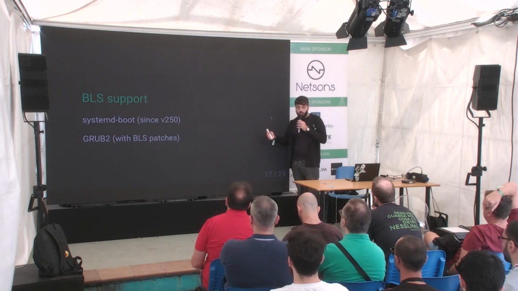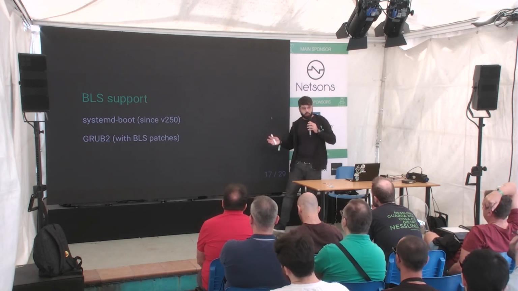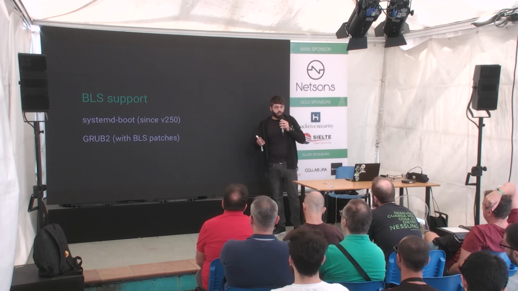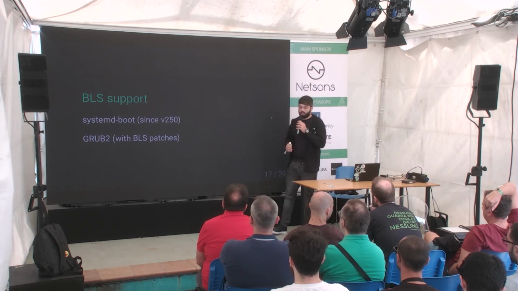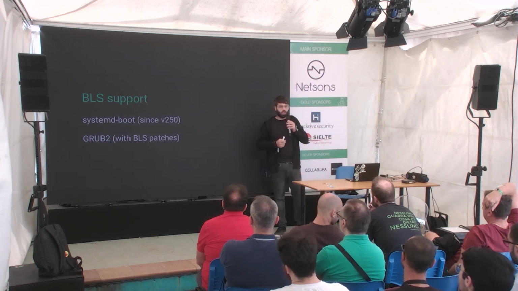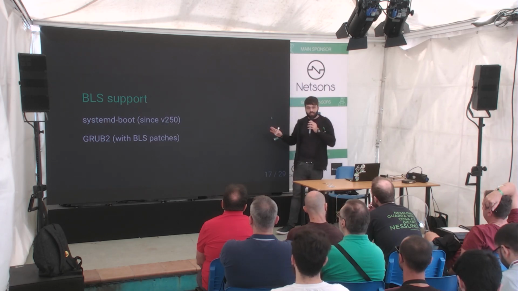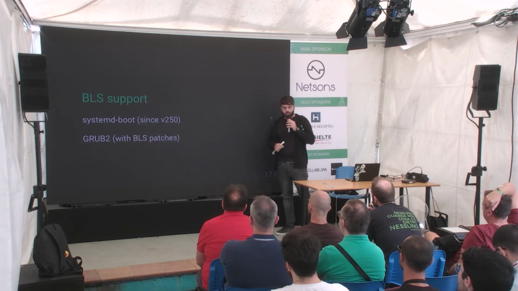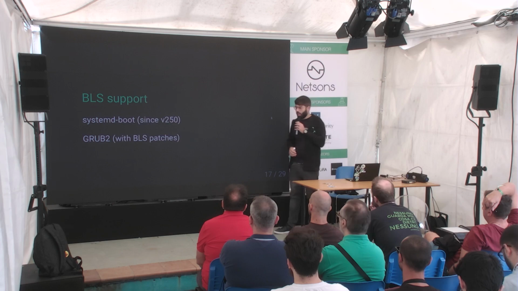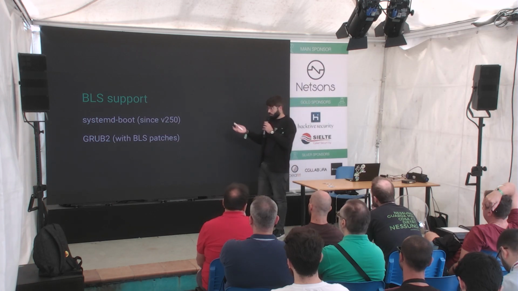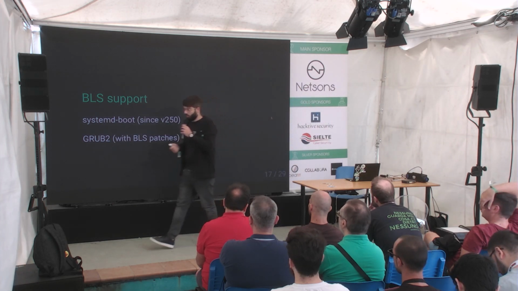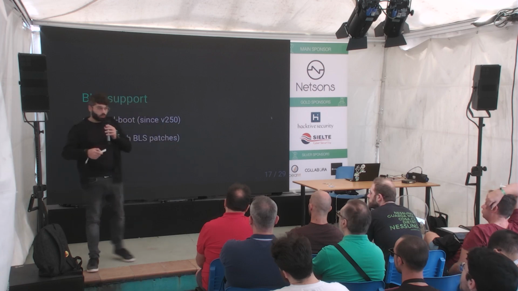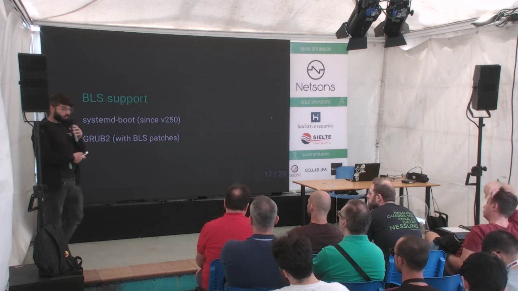It's working, but it's not upstream, so sometimes it's still needed before we are able to get it. But systemd-boot has supported it since version 250, which is actually, I think, one to two years ago. It's actually a lot of time. And I'm testing a lot the MicroOS images for SUSE, which use systemd-boot, and it works.